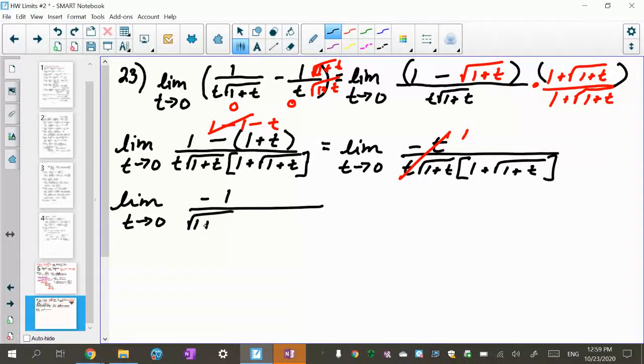So I have radical 1 plus t times 1 plus radical 1 plus t. I have a number in the numerator, so I bet I can plug my 0 in. So I'm actually going to do that. If I actually substitute in, the limit goes away, and I substitute the 0 in wherever there's a t.